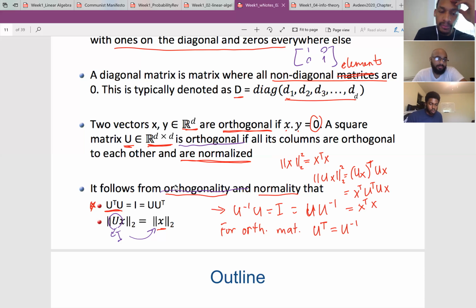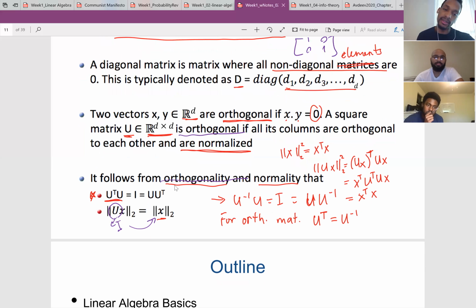I'm trying to think of an example. I'm sure there are probably examples later in the slides. Actually, there aren't. I read through it earlier, so there wasn't really.